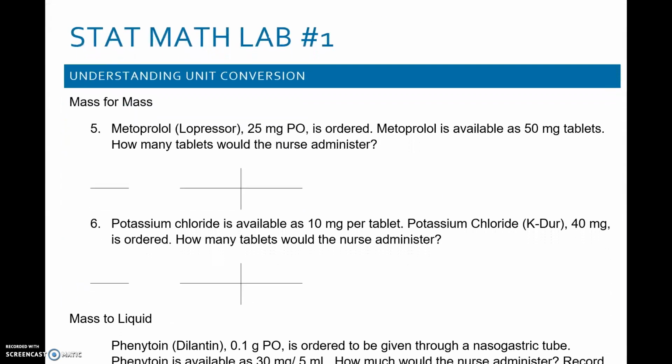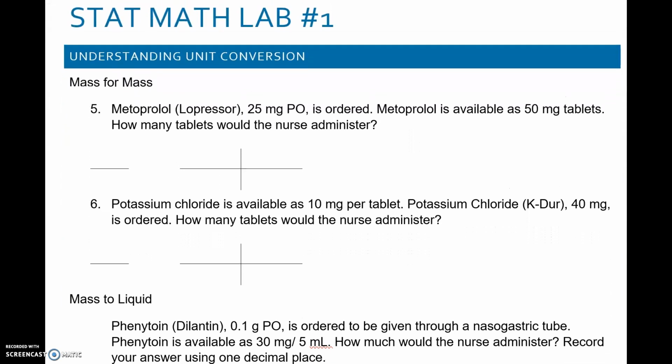Let's do some math problems that a nurse might see. We have metoprolol, 25 milligrams PO is ordered. Metoprolol is available in 50 milligram tablets. How many tablets would the nurse administer? So we are looking for tabs. Okay, and what do we know about these tabs? We know that 1 tablet equals 50 milligrams.